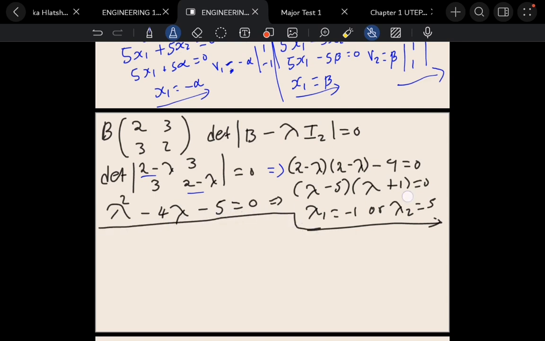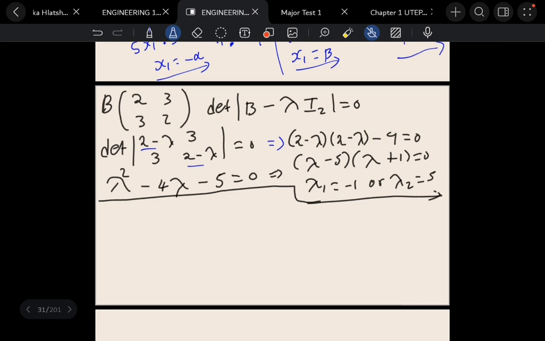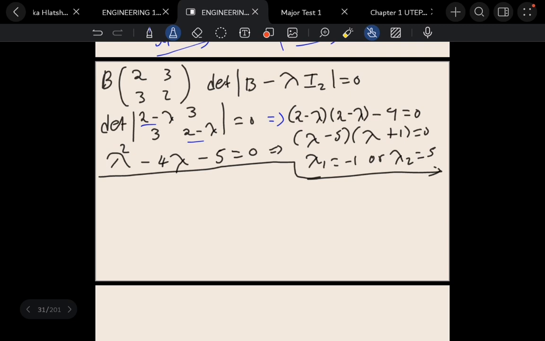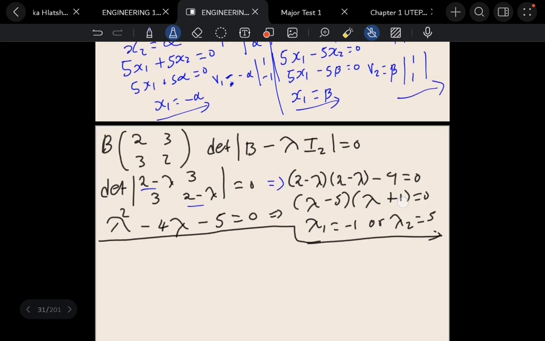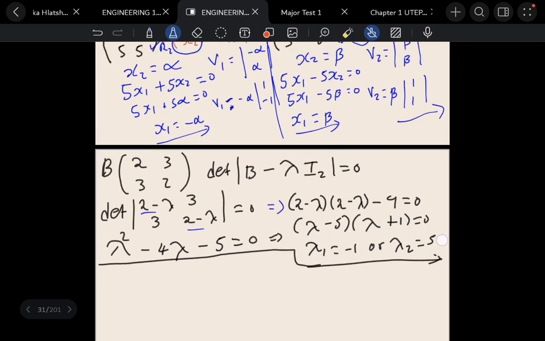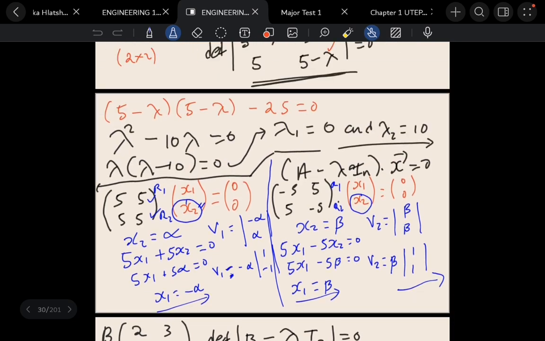Alright, and then now we need to find the corresponding eigenvectors for these two eigenvalues. What you can actually do is start with lambda 1 and end with lambda 2. To find the eigenvectors of this matrix, you need to remember this formula.